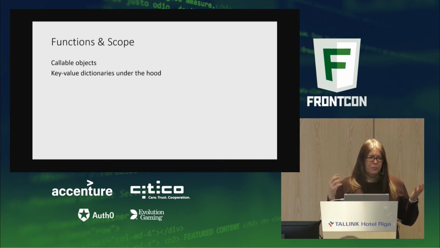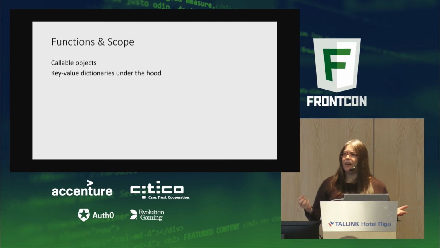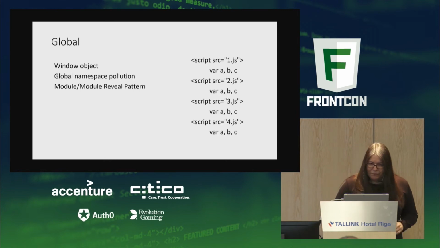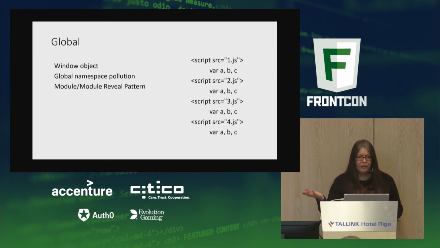Every once in a while you might need a global, but we try to avoid those, right? Because those cause so many side effects and problems, and they tend to get lost. So with that, of course, global, right?